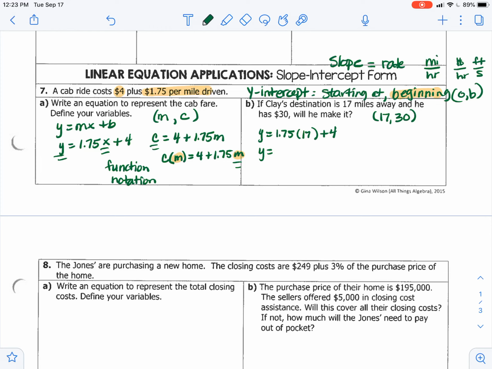I'm going to grab a calculator real quick because I'm not going to try to do that in my head. 1.75 times 17 is 29.75, plus that 4 that was just to get in the vehicle, if you might think of it that way. So in this case, y equals $33.75. And so, no, Clay does not have enough money.